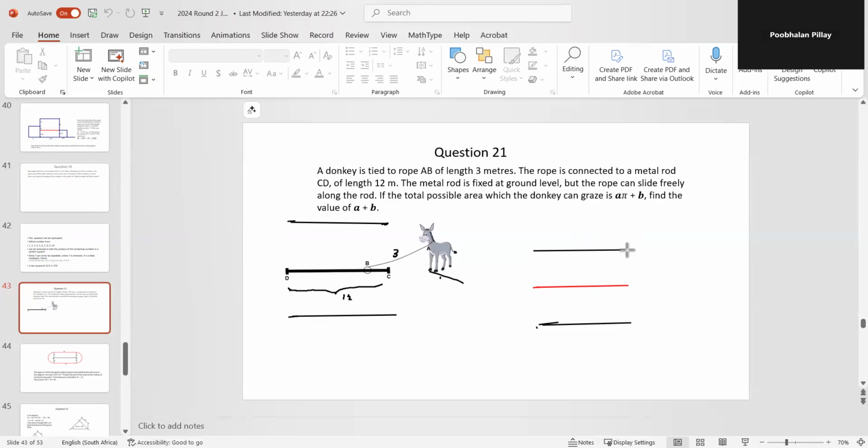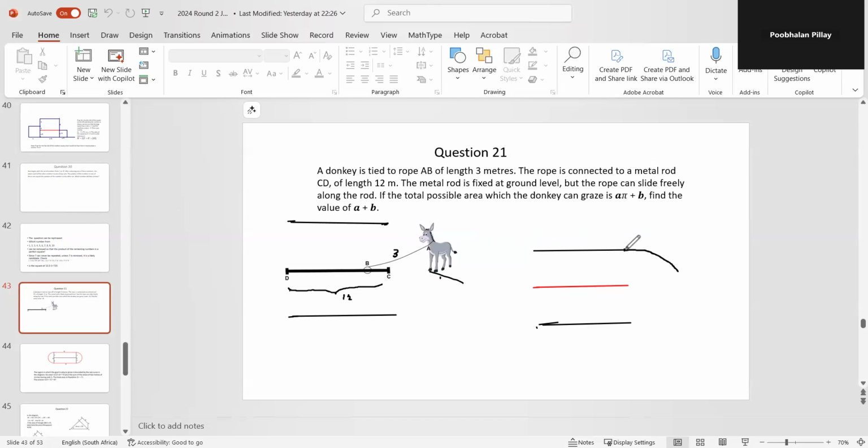And then after that you have a semicircle. I don't know whether I'm going to draw the semicircle accurately, so let me go freehand.